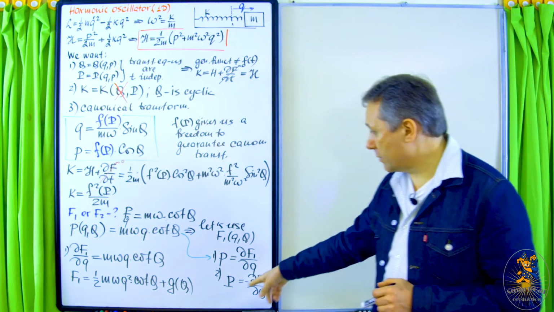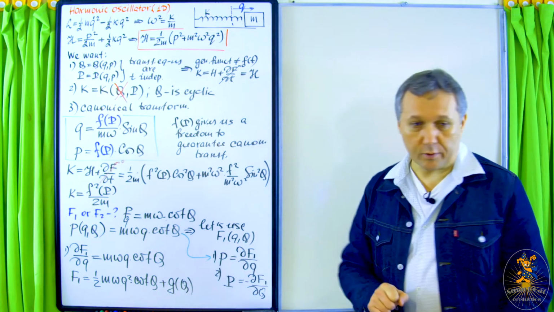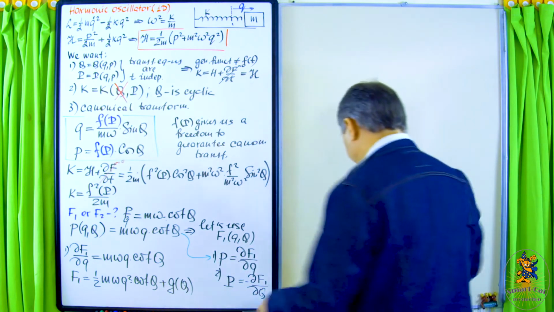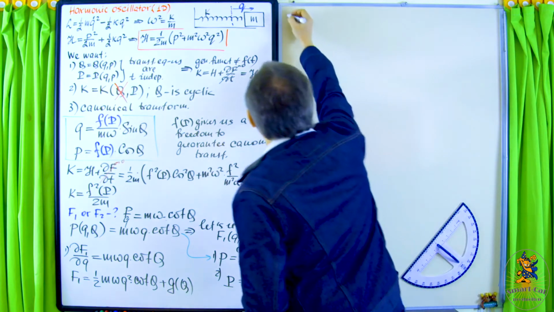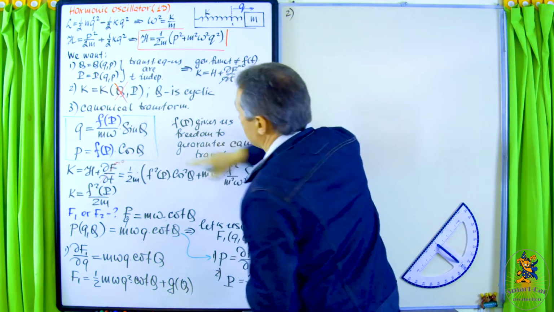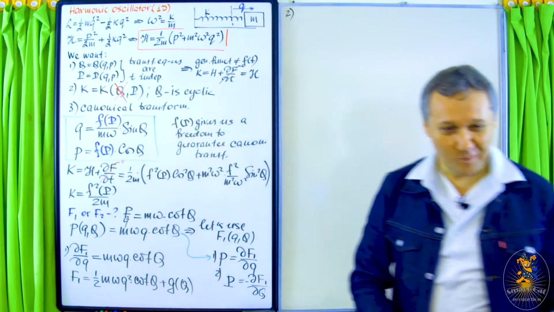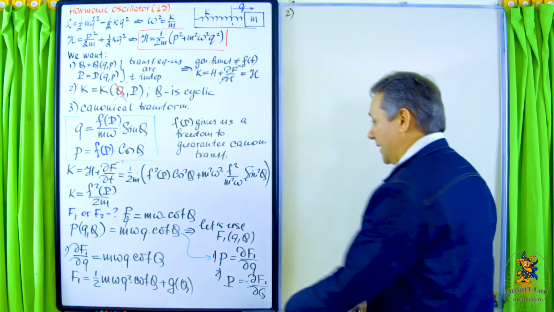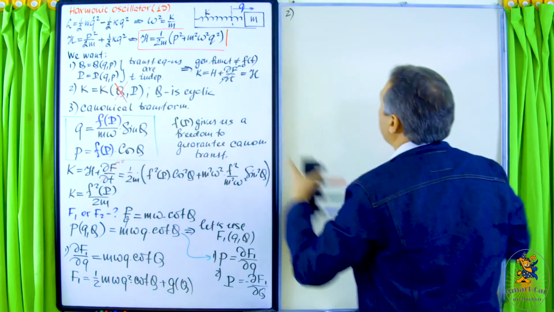Now equation number 2. Now we need to grab this and drag it through equation number 2. We're still trying to satisfy equation number 3, in an attempt to find f.